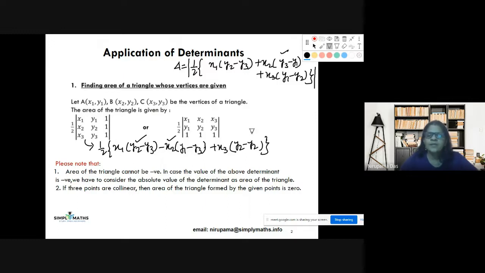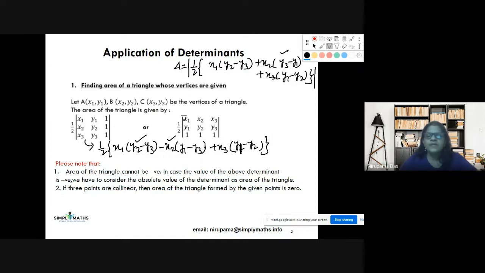Same thing. Then the third term is x3 into (y1 minus y2). Again, area cannot be negative, so we put the mod sign.